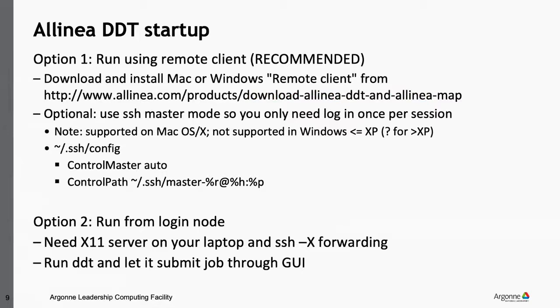Okay, so going back to using the remote client, I recommend using the remote client. The download and the install takes literally like 3 minutes. There's really nothing to do. On a Mac, you just take the app and drop it into the apps folder and you're done. But I will say, if you're having some kind of weird issue or if you're not allowed to install anything, you can run the debug program on the remote end and display it back to your laptop using X Windows.